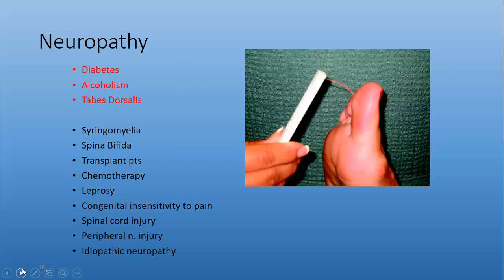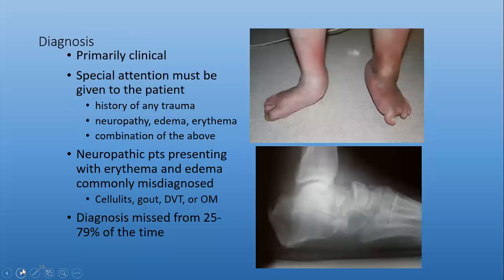Do they have alcoholism? Tabes dorsalis, that kind of goes down the line of different things that cause neuropathy and then indirectly cause the Charcot deformity.